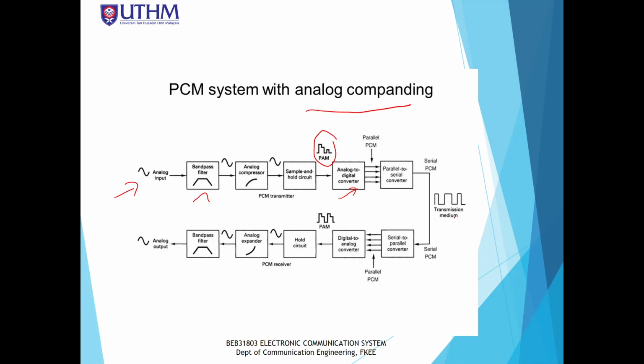Okay, digital pulses we transmit into a wired line, masuk ke dalam receiver, we do the reverse process. Okay, and then reverse sampling, and then we expand, band pass filter, and then dapat original signal. Okay, so that's the flow of signal from transmitter to the receiver.